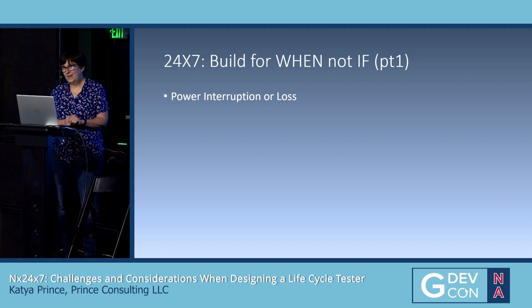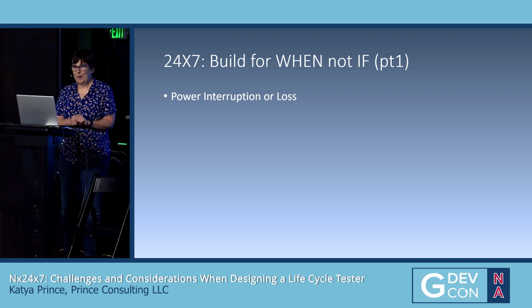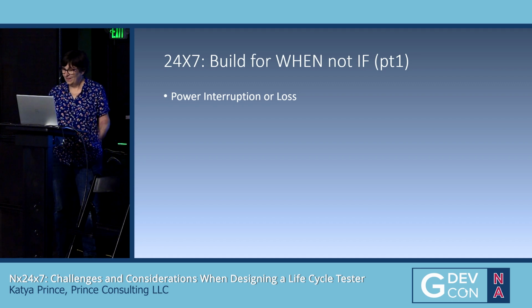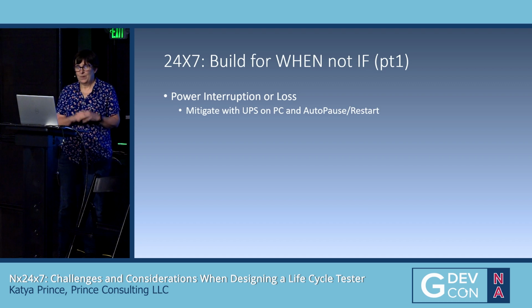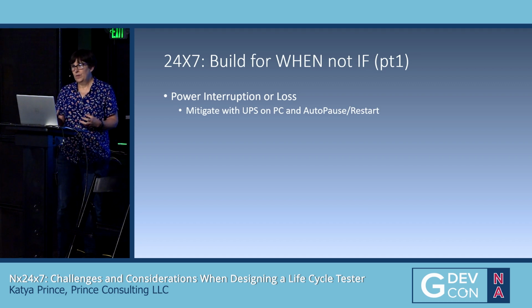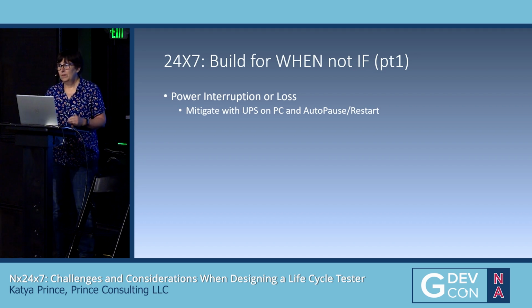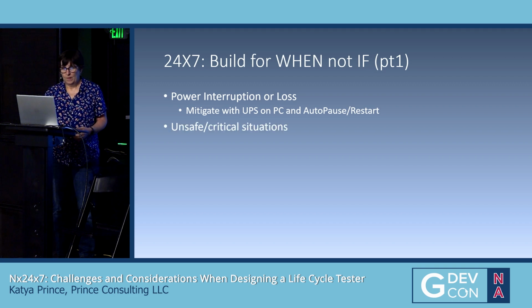So it's guaranteed that sometime during the year we're going to lose power. Luckily, that's easily mitigated. If you put a UPS on your PC, you can build the software to detect a power loss, and then do things like pause your testing, put everything in a safe state, and wait for power to be restored.